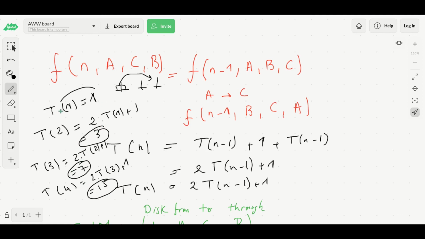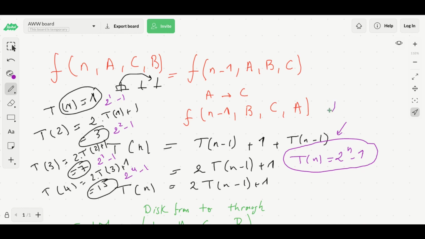And if you notice here, there is a pattern that starts to become obvious. This is like 2 to the 1 minus 1. This is 2 squared minus 1. This is 2 cubed minus 1. And this is 2 to the 4th minus 1. So basically, t of n is just equal to 2 to the n minus 1. We could prove this by induction, or we could use generating functions to actually come up with the formula.